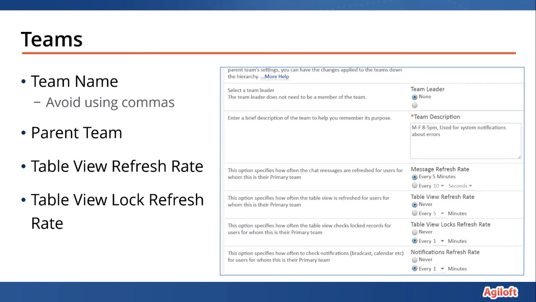We should also note that those last two options, the table view refresh and table view lock refresh, apply to users for whom their primary team is this team. Users can be in multiple teams, but these particular values are set by the selection of their primary team.